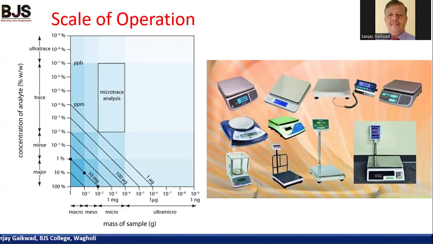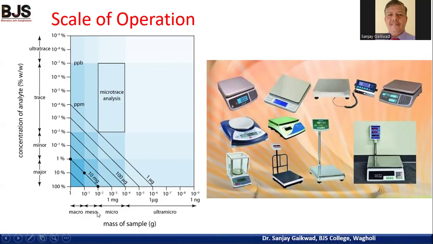Now, in this way, we can utilize the scale of the result by using this graph. Here, from this to this level, if we use the macro level, then we can use major concentrations; that is, the concentration of analyte should be 10% to 100%. Above 1% to 10%, we can use the 10 raised to minus 1 to 10 raised to minus 2 level; that is, a 10 milligram sample can be used.